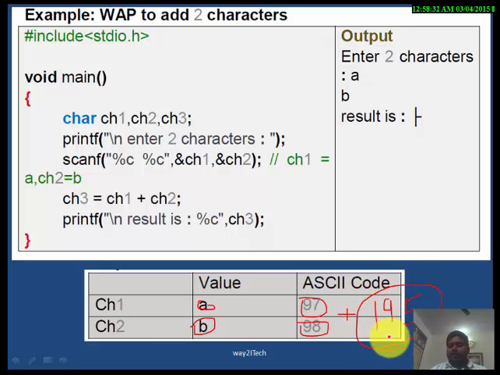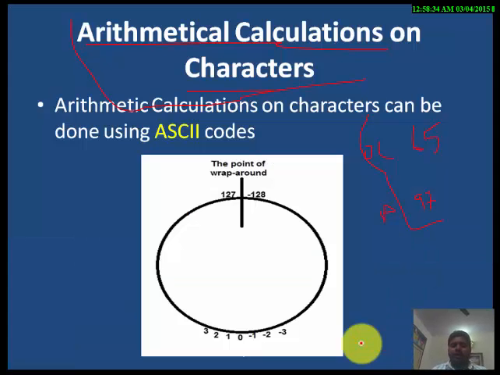But now here is an interesting case. We know the range of char is minus 128 to 127. Here the range is given. But our value is 195. It is crossing the range because the highest possible value is 127.